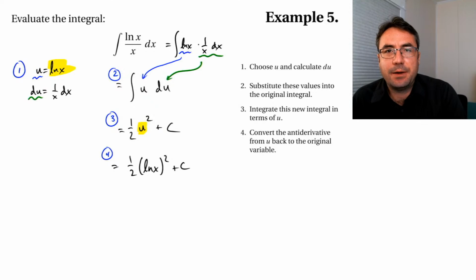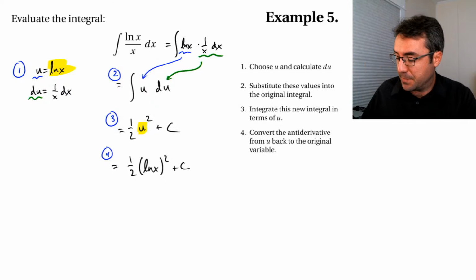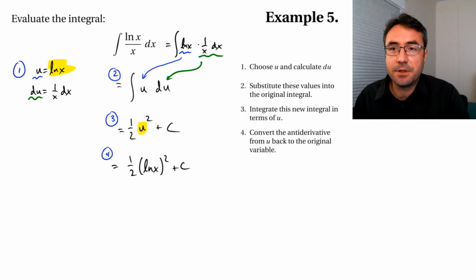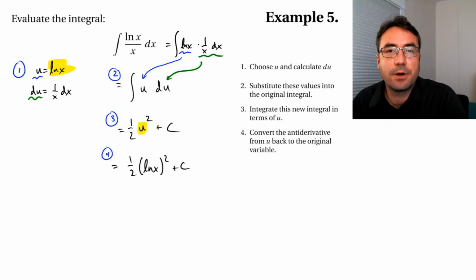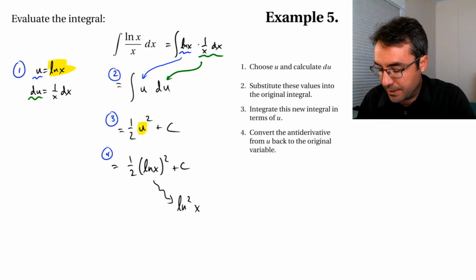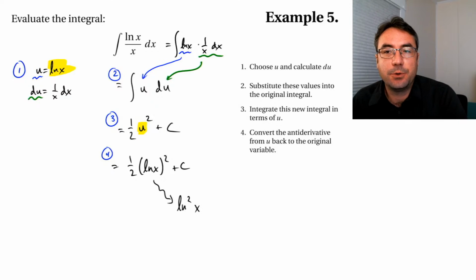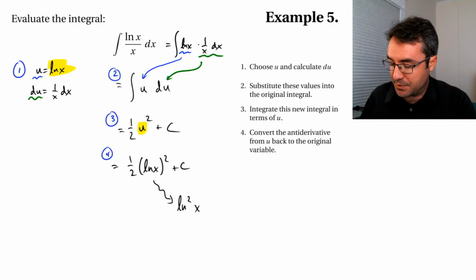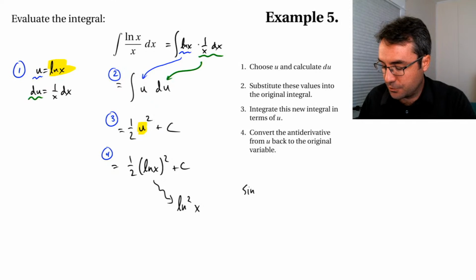Just a comment here about notation. You might see it in the literature, so like in the textbook or on our homework, you might see something like this written as natural log squared x. A lot of times we see that for trig functions.